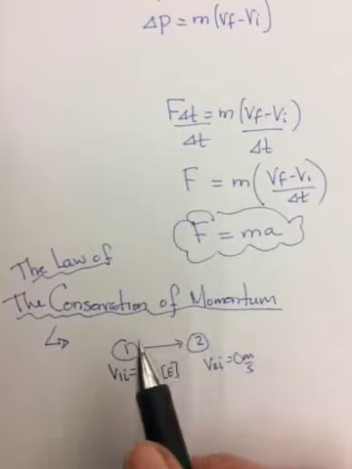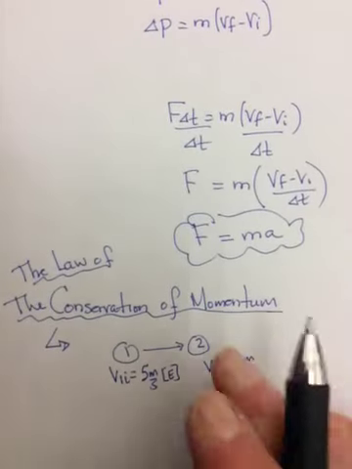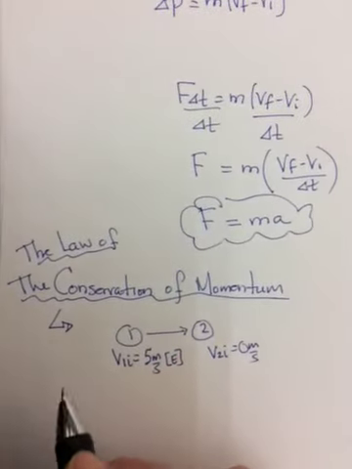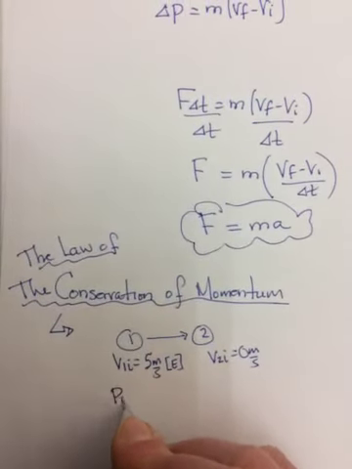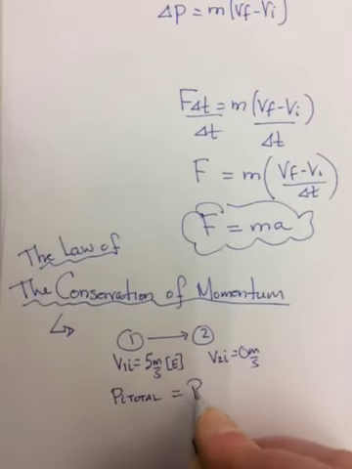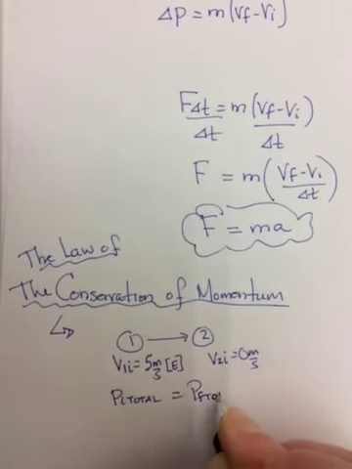And then we could figure out how fast we're each going after, and the before and the after need to equal. Okay, so P initial total must equal P final total.